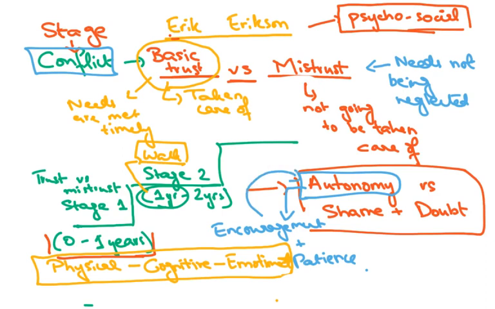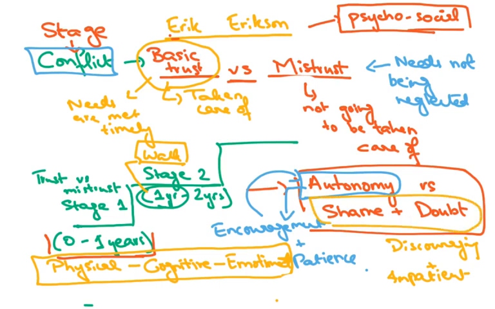Whereas with discouragement, if a parent is discouraging and impatient with the child, that may lead to shame and doubt in the child's thinking about their own ability, about what they are and are not able to perform.